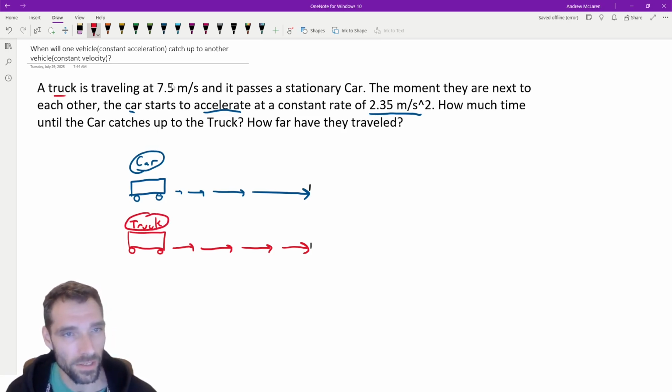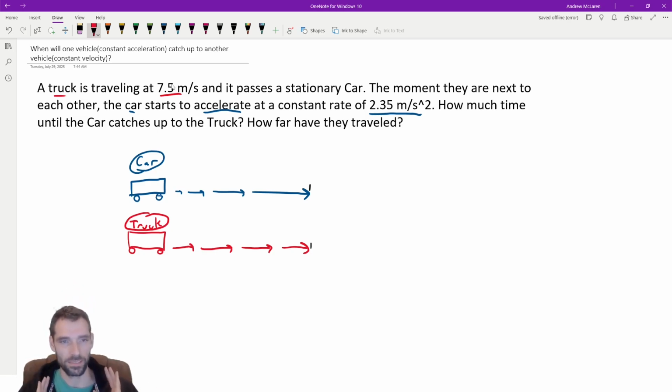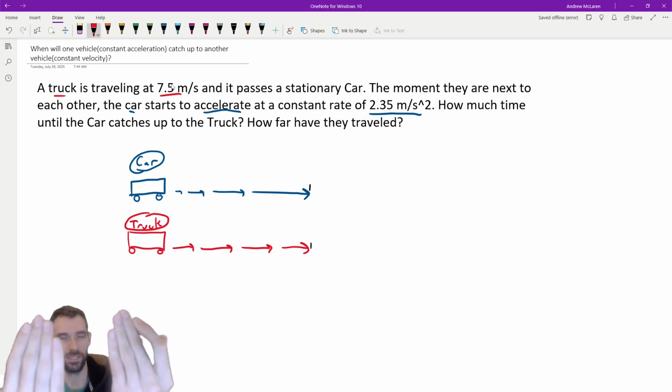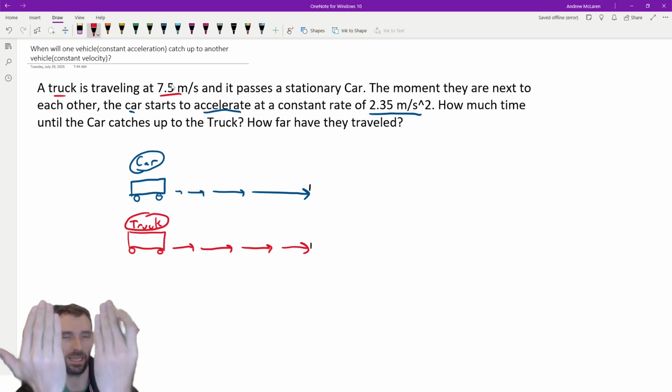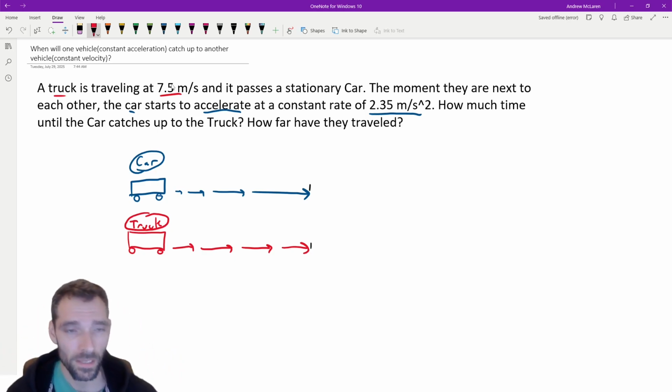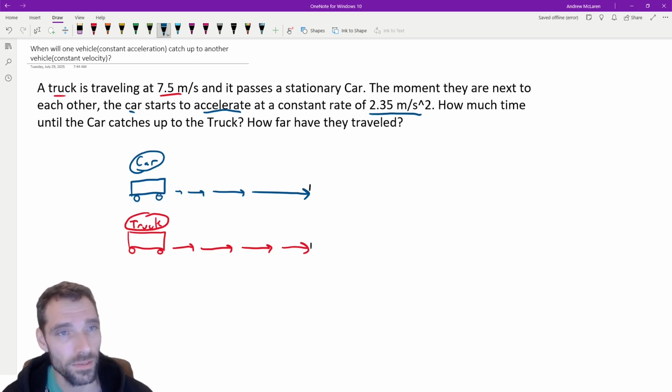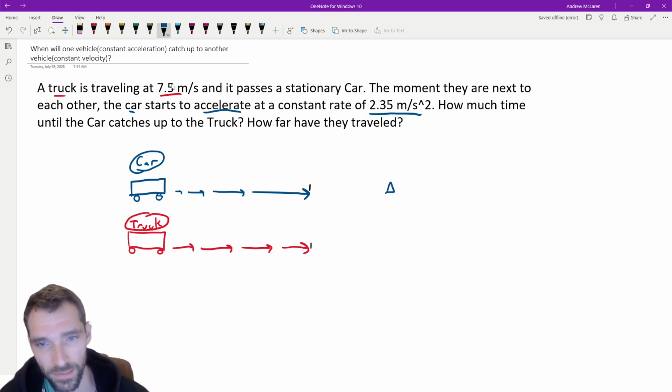This car starts off kind of slow, but then speeds up, and eventually they're going to be at the same distance.